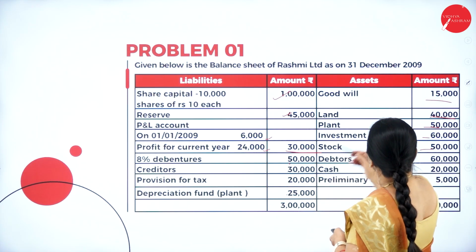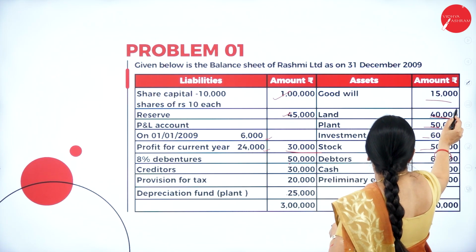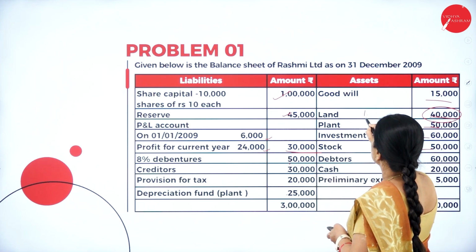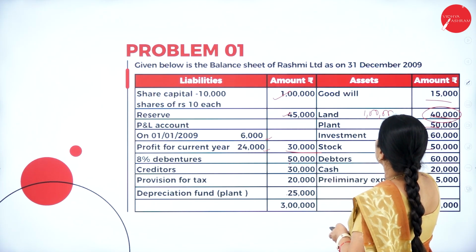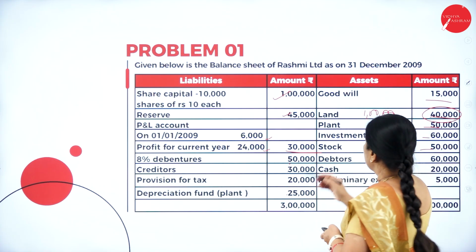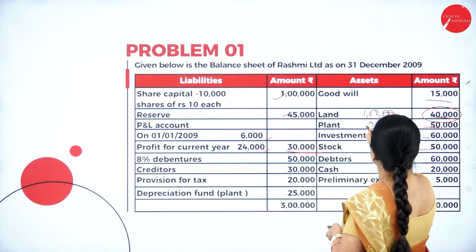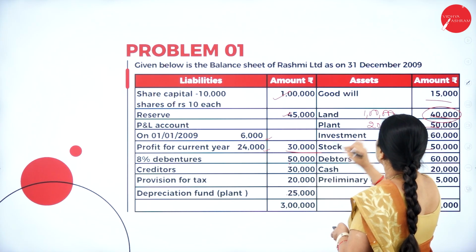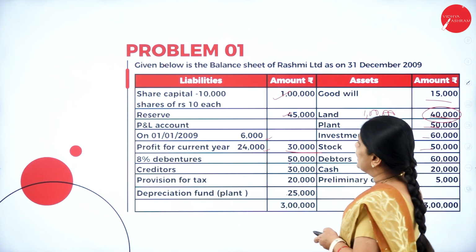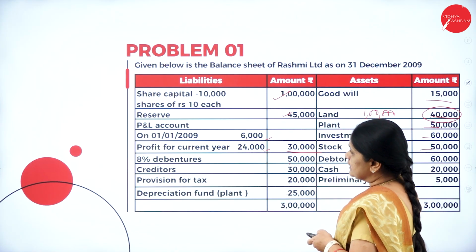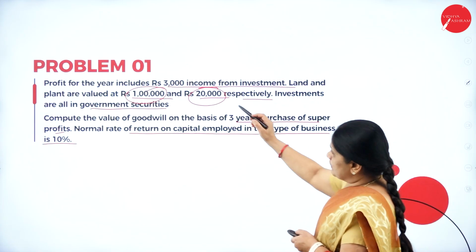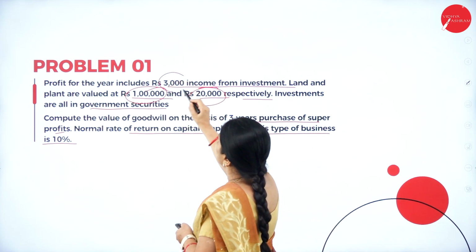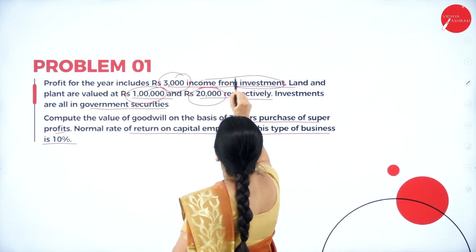If you can see here in the balance sheet, the land value is 40,000 but the revaluation is at 1 lakh. Then the plant is valued at 50,000 but the revalued amount is 20,000. They have also told us that the profit for the year includes rupees 3,000 income from investment.